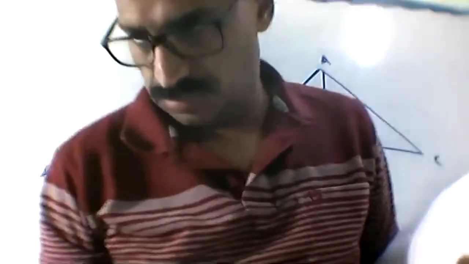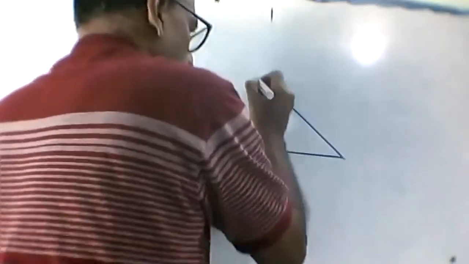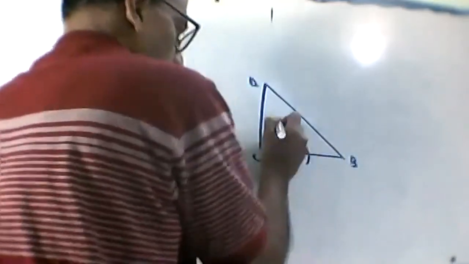Okay, getting this one? Look. ABC is an isosceles right angle at C. A, B, C. This side is equal to this one.